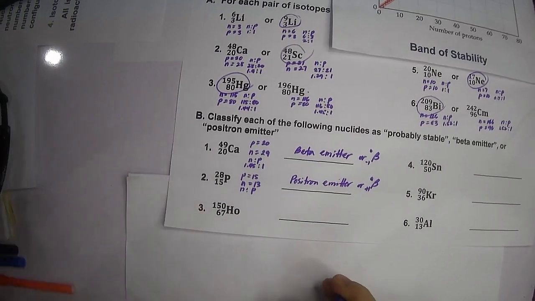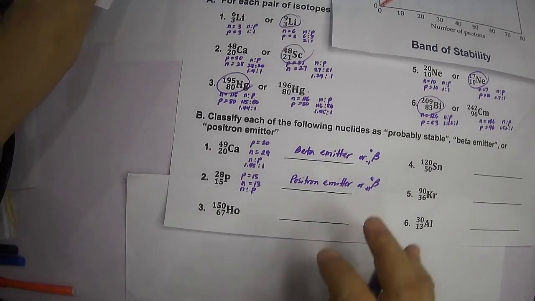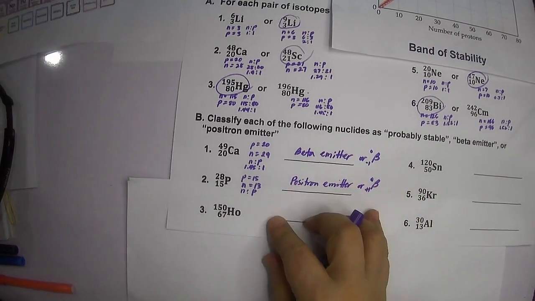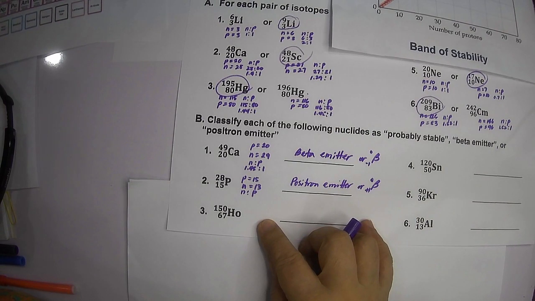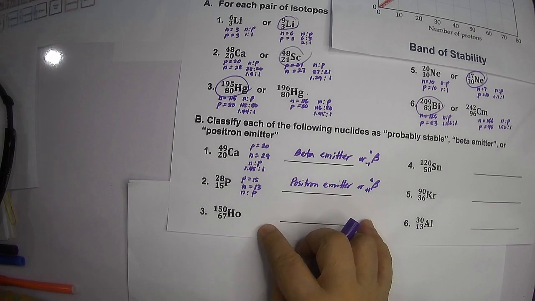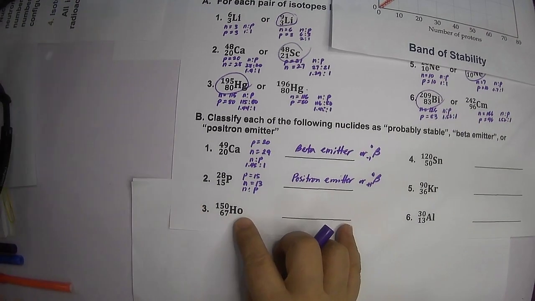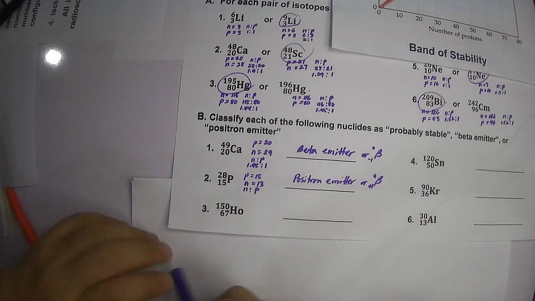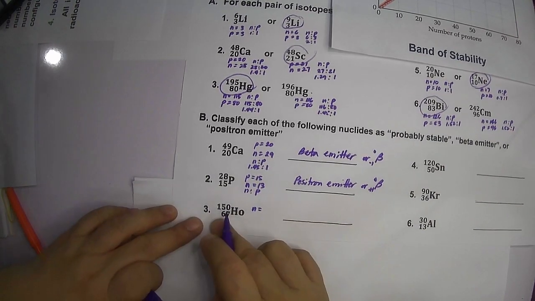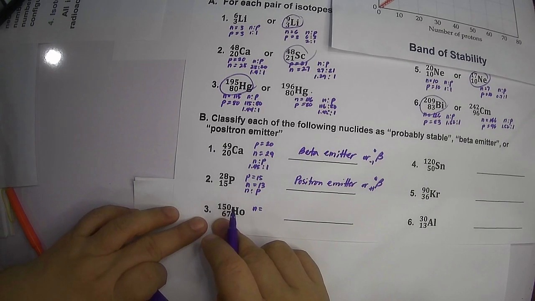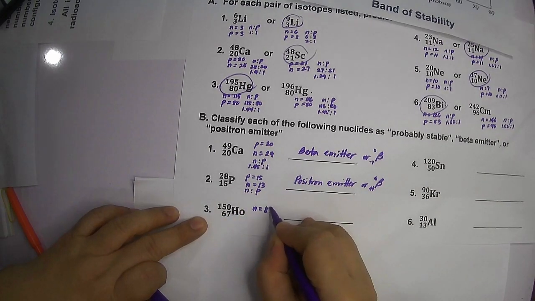Okay, for the next number, number 3, we have element 67. That is holmium. Element holmium-150, the number of neutrons, 150 minus 67, that is 83.